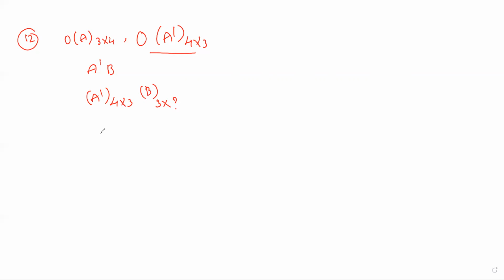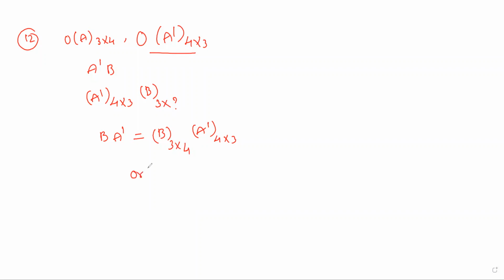Next, one more is also defined: B into A dash. For B, we know only the rows already. A dash, what is the order already? 4 by 3. When this product is possible, the column here and the rows here must be equal. That's why the number of columns in the B matrix must be 4.